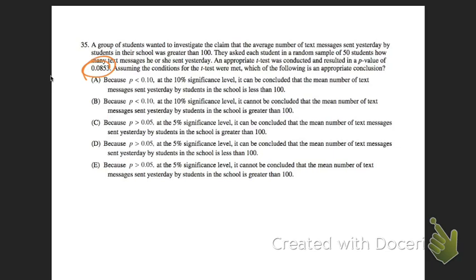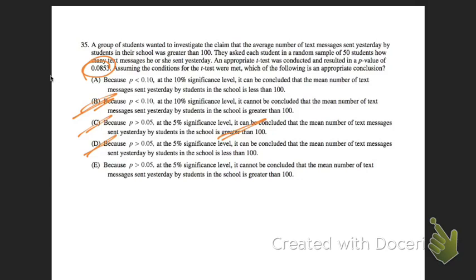So then I can go ahead and get rid of C and D, because it's saying it can be concluded that it's greater than or less than, so that's wrong. From there, B, it cannot be concluded. That would be wrong because we would want to reject. So I'm down to A and E.